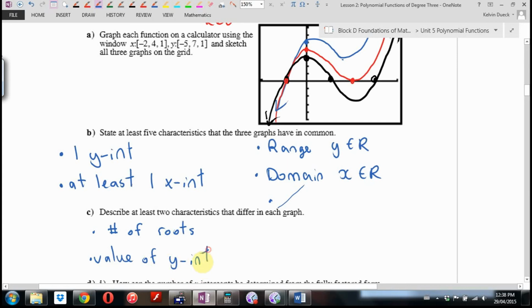The y-intercept is the easiest one to change. You just change the constant term. You want a y-intercept of 9, x cubed plus blah, blah, plus blah, plus 9. That'll give you a y-intercept of 9. You want a y-intercept of negative 10, x cubed blah, blah, blah, minus 10. That'll give you the constant term. The other stuff is a little more complicated.